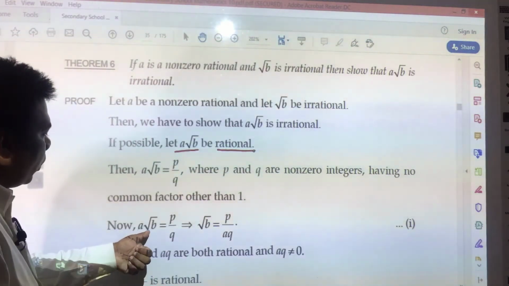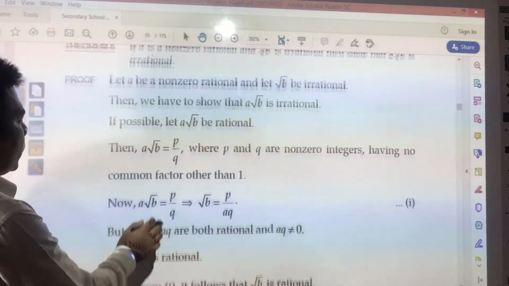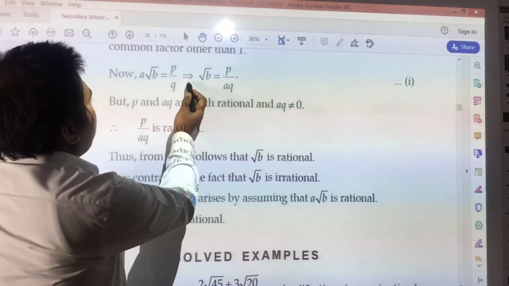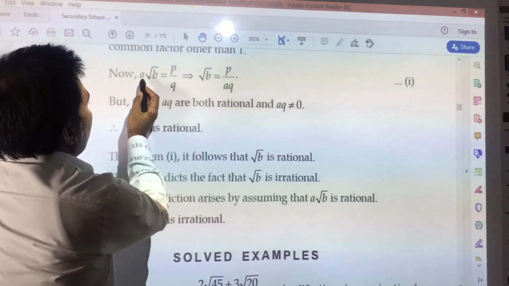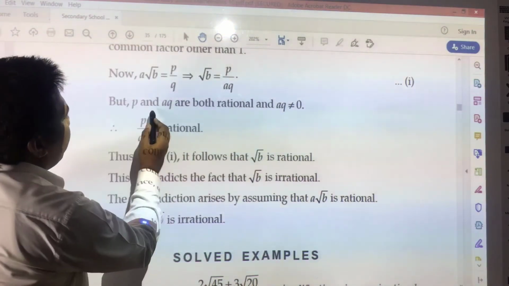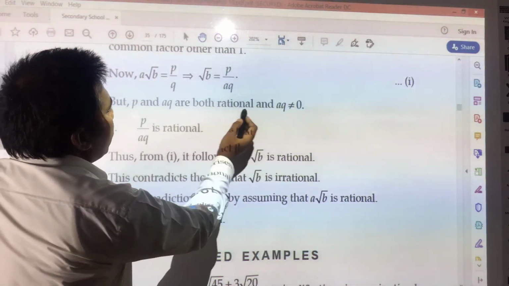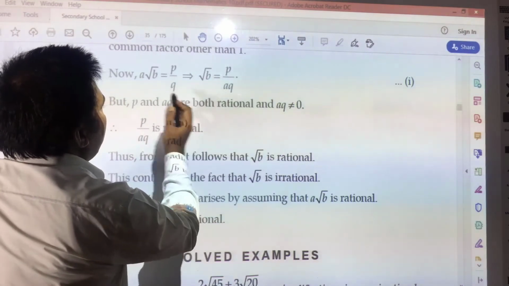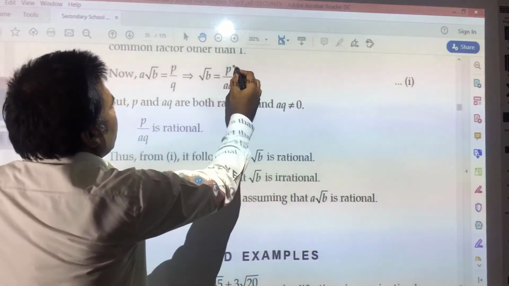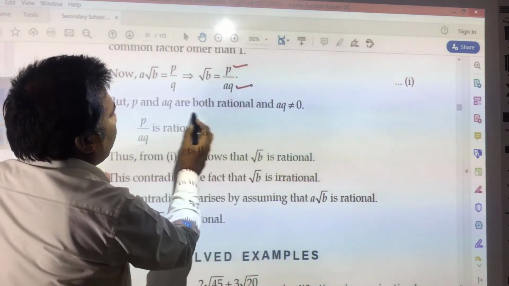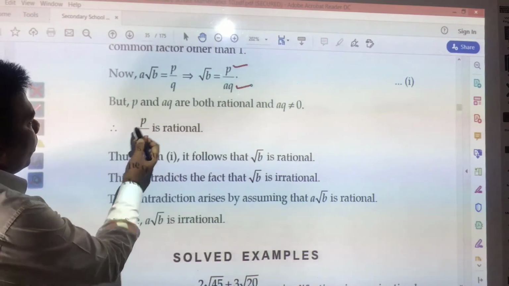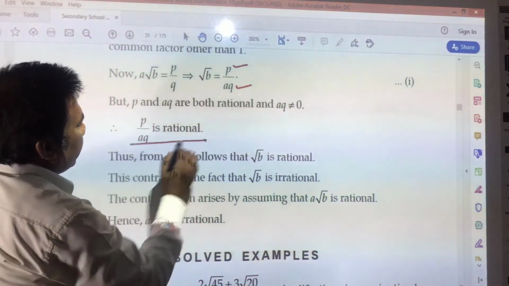So, now A root b is equal to p by q, and that implies root b is equal to p by a q, but p and a q are both rational, and a q is not equal to 0. Therefore, p by a q is rational.